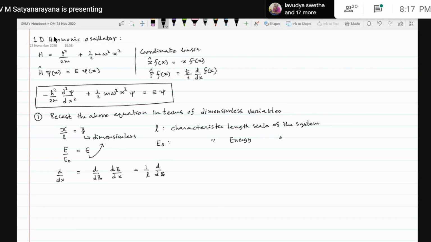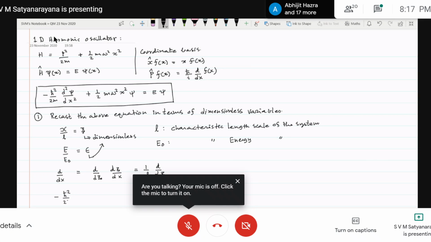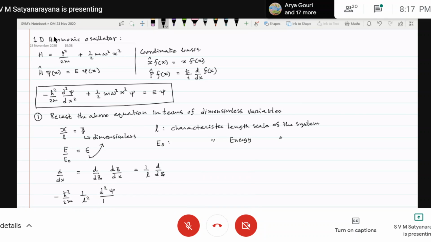Okay, so L is some constant which we have to determine. So I substitute this one, then this equation can be written as minus h bar square by 2m into 1 by L square into d square psi by d xi square.